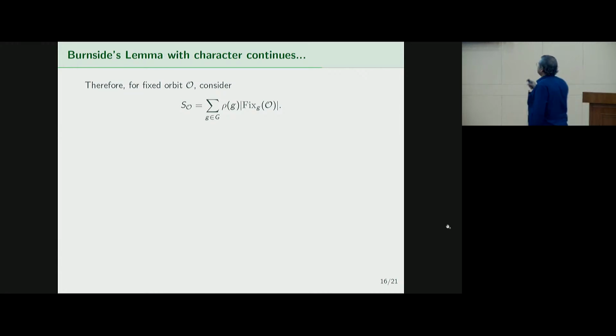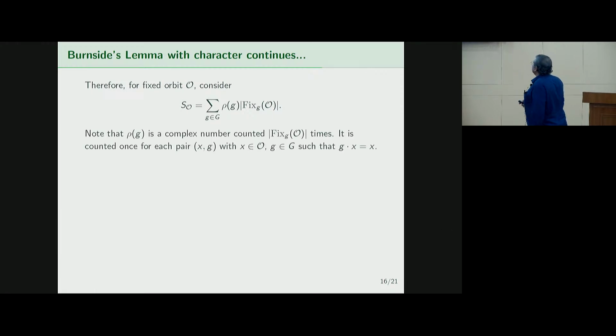So we start with the right hand side. I change the notation again. Given a fixed orbit O, this sum varies over little g, rho of g times N_g, the fixed points of g. This rho of g is a complex number, which is counted N_g times in this sum.